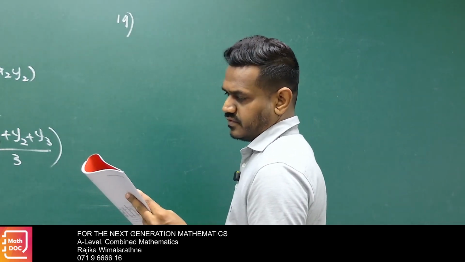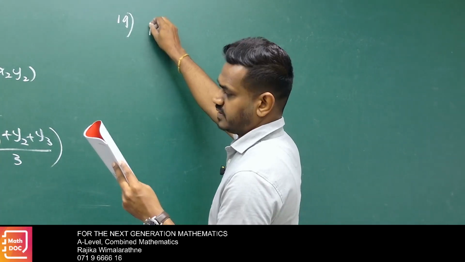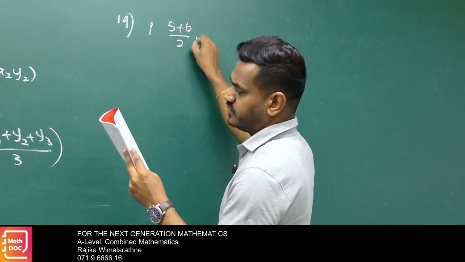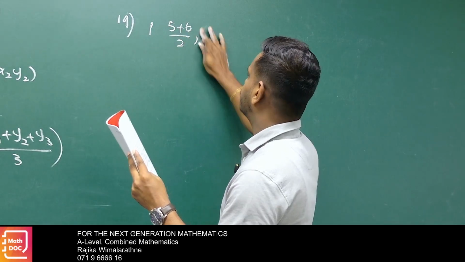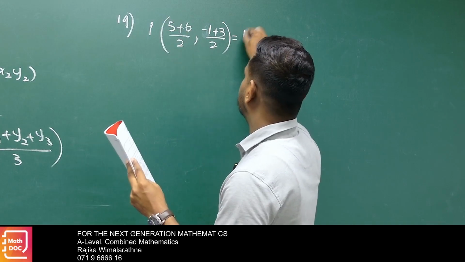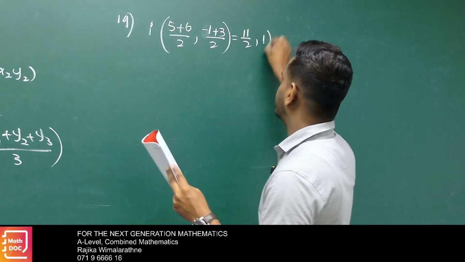So, find the coordinates of the midpoint. (5 plus 6) over 2, (minus 1 plus 3) over 2, midpoint: 11 over 2, 1.